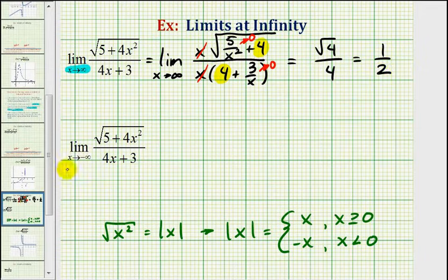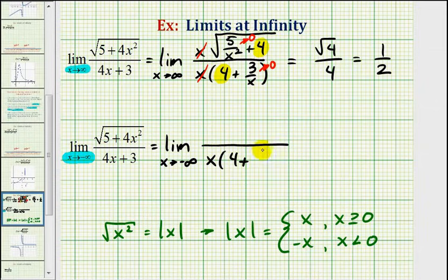Now let's consider the second limit. And notice the only difference here is that x is approaching negative infinity. So we'll start again by factoring out x from the denominator. So we'd have x times the quantity 4 plus 3 divided by x. Now we want to factor out x from the square root, but again we know that value has to be positive, and now x is approaching negative infinity.